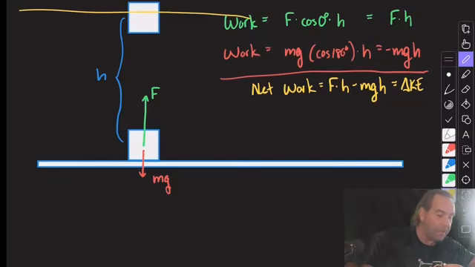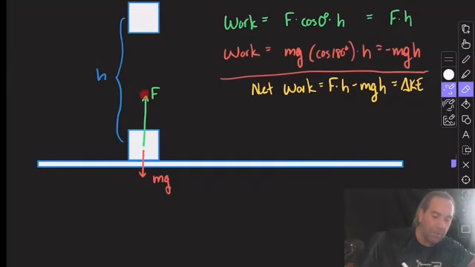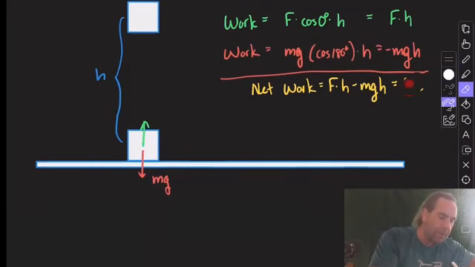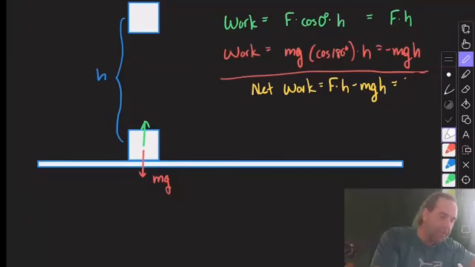Of course, it is also possible that I could apply a force that is equal to the weight of the box. If I do that, then likely this sum is going to be 0. That doesn't mean the box doesn't move. It just means that when the box gets here, it doesn't have a change in its velocity.